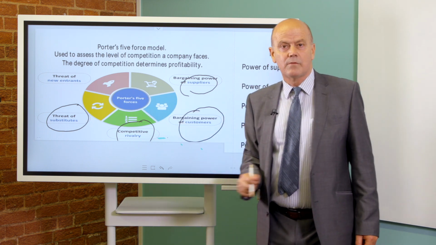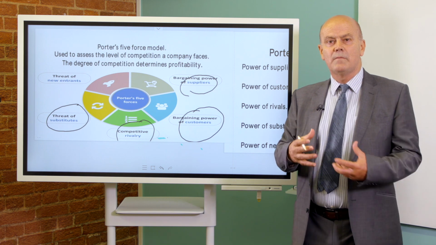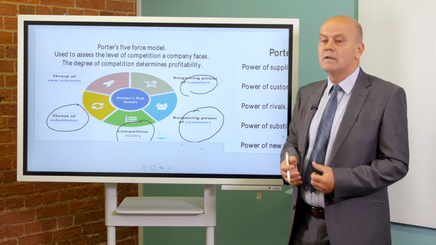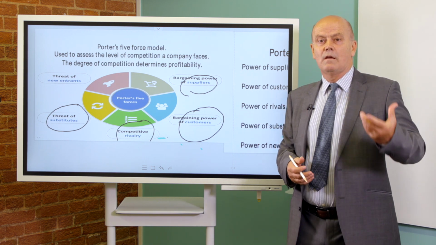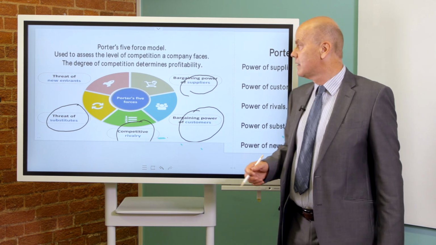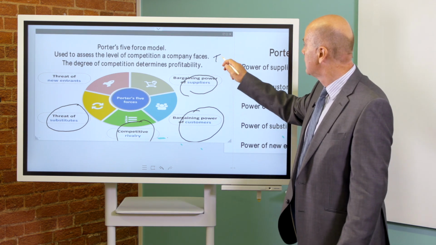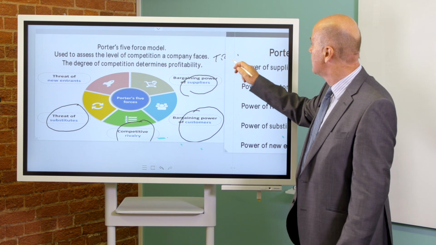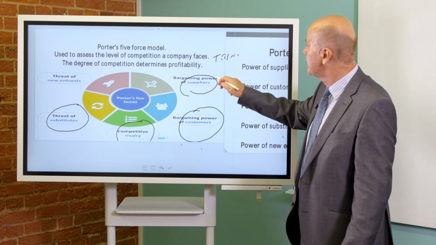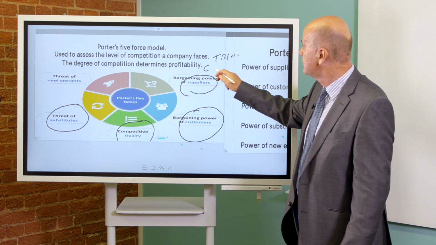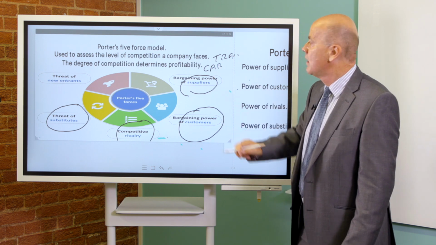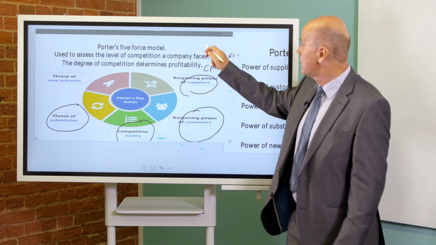For example, if you're going to travel from maybe Edinburgh to London, you have various ways of doing that. You could go on the train. You could go by car. You could go by perhaps bus.